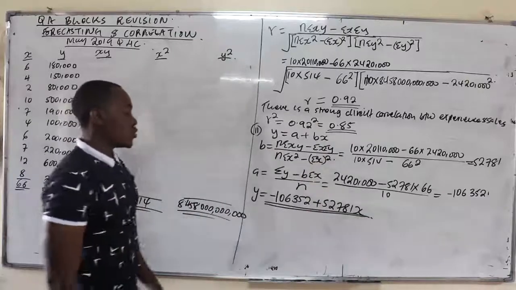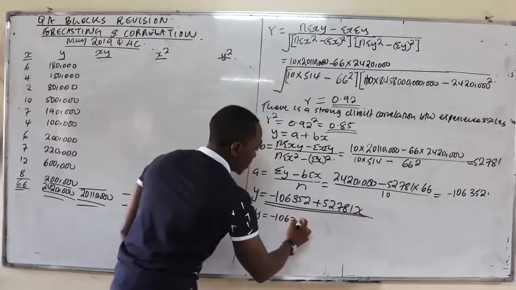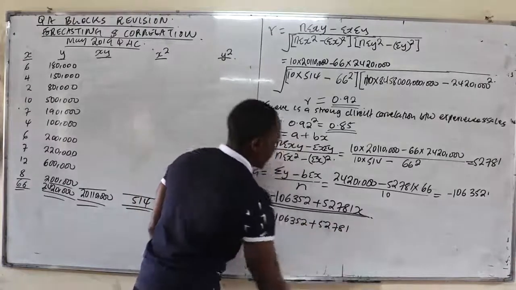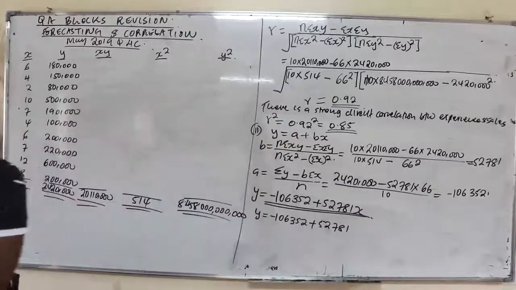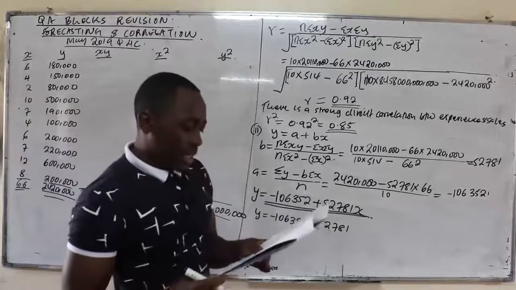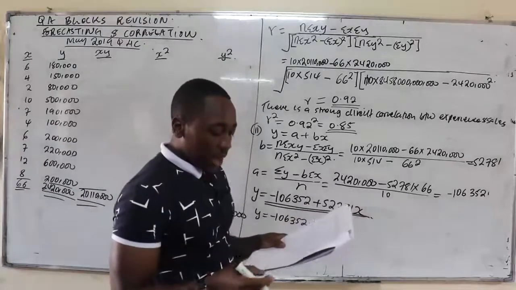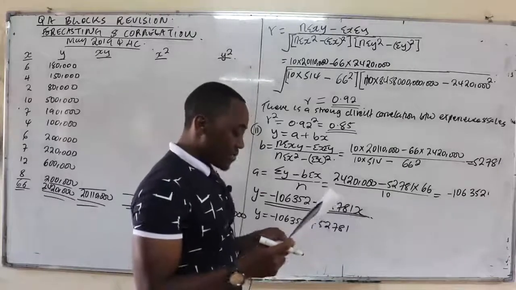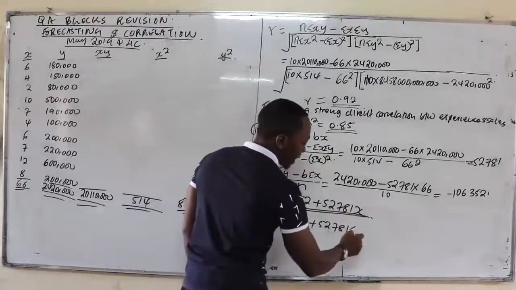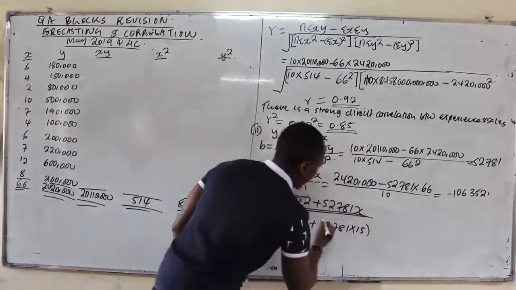So how can you use it to predict? y will be equal to negative 106,352 plus 52,781x. So now let's go to the required. I was told to use the ordinary least square method to predict the mean monthly sales that would be realized by a salesperson having 15 years of experience. So you multiply by x, and in this case, x, which is the years of experience, is 15.